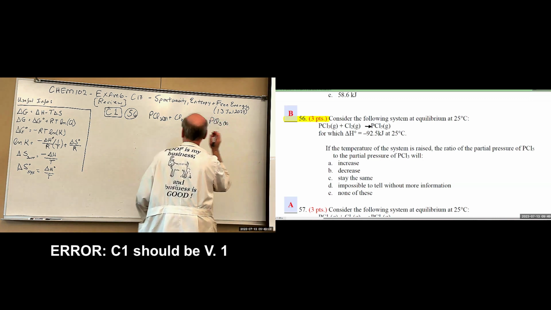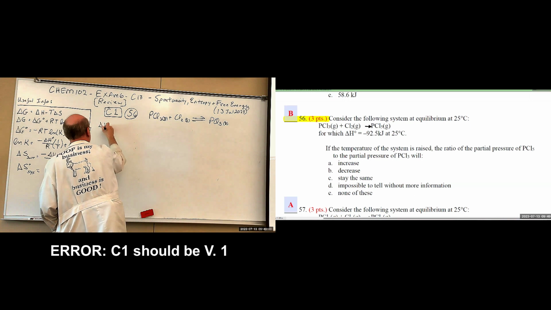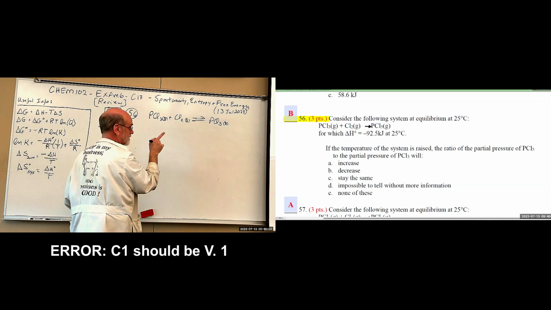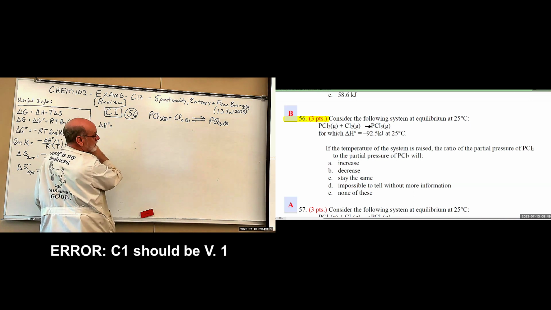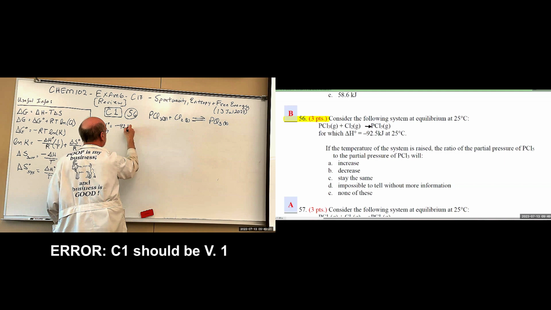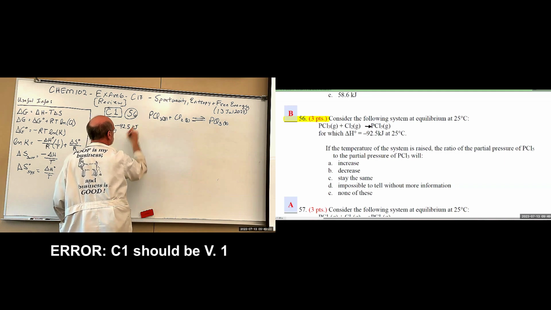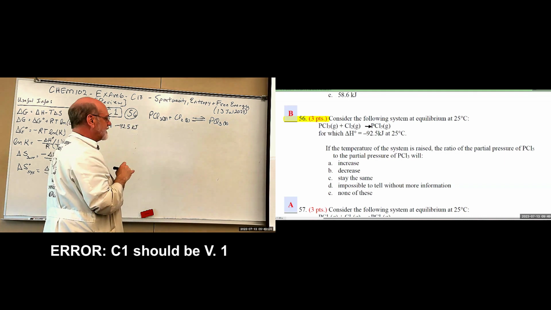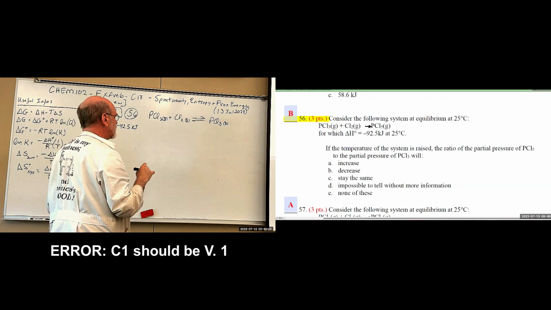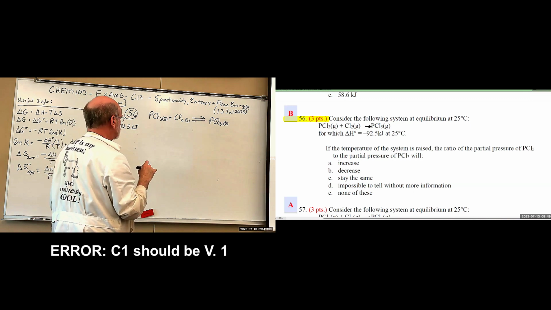Okay. Delta H 0, standard conditions at 25 degrees. Yes, those are standard conditions. Equals minus 92.5 kilojoules.